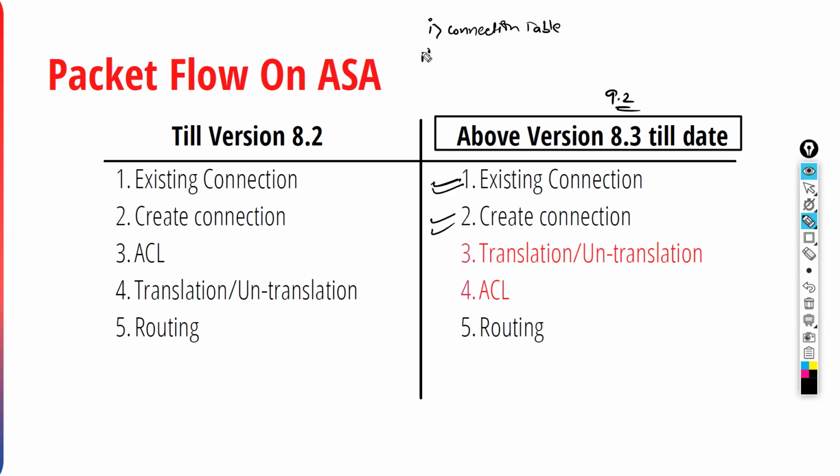Then it will check your translation table, that means the xlate table. Third, it will check the ACL. Fourth, it will check the routing table. This is how your ASA will make the forwarding decision.